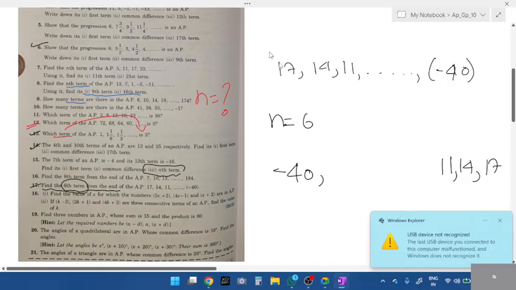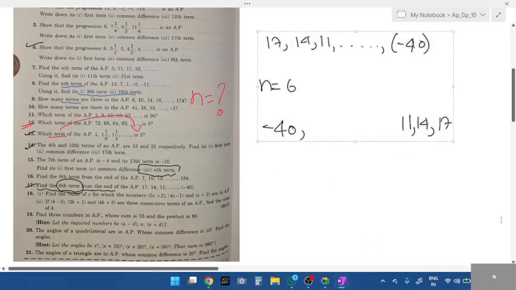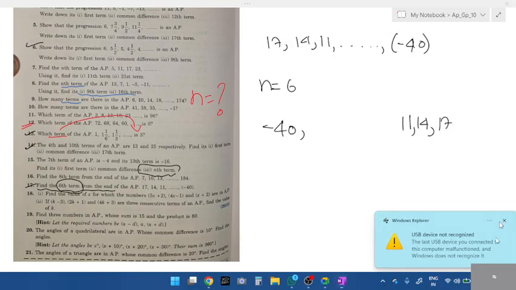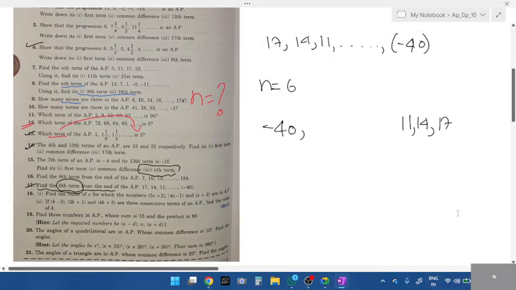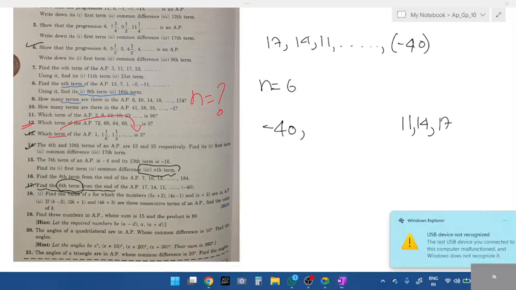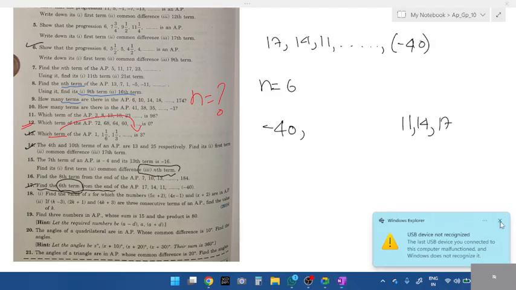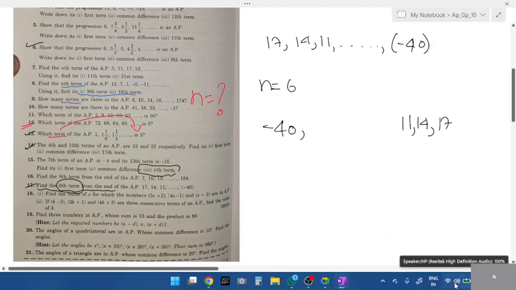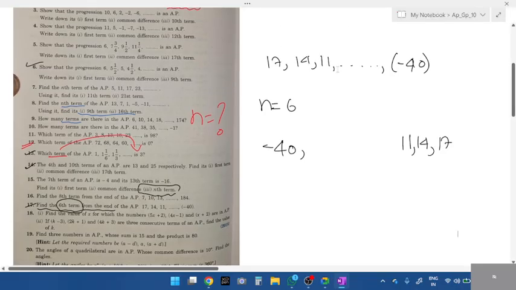If you understand that concept, other things are the same.